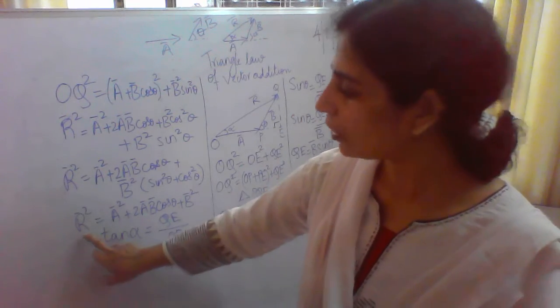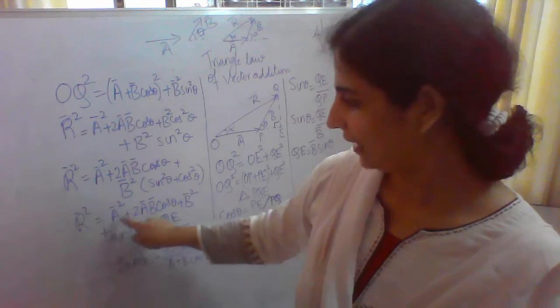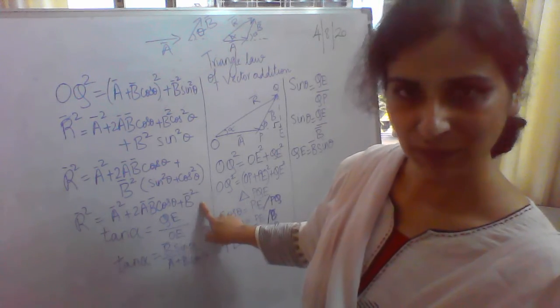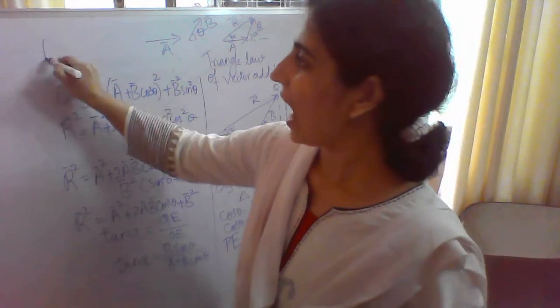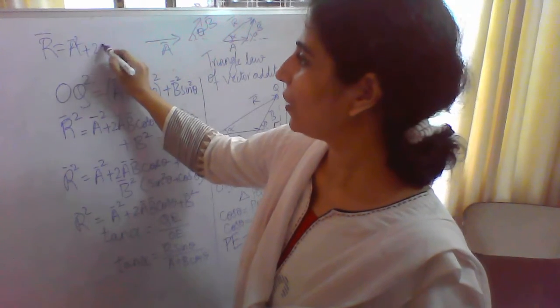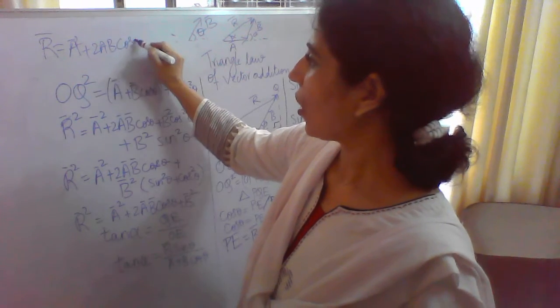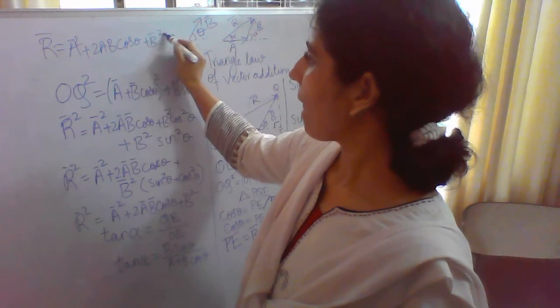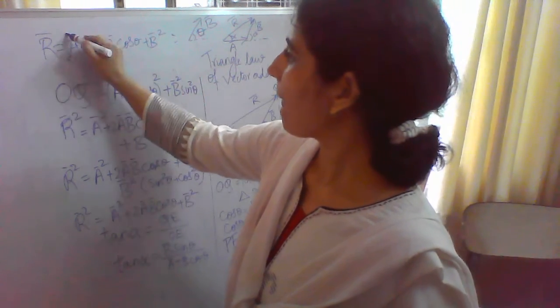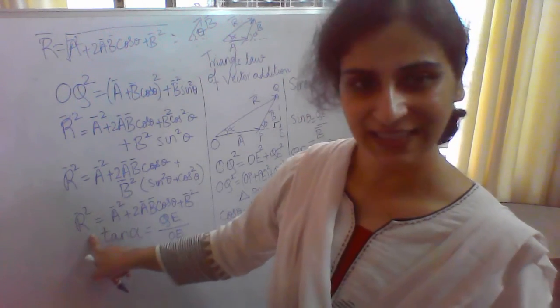Okay, so if I want R, what will I do? I will take the whole under root of this number. R is equal to A square plus 2AB cos theta plus B square, whole under root. Okay, so this will be my resultant R.